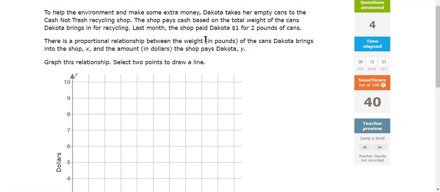So once again, X is the weight of the cans Dakota brings into the shop. So X is equal to 2 because of 2 pounds of cans. And Y is equal to the shop paid Dakota $1. Y is going to be 1.